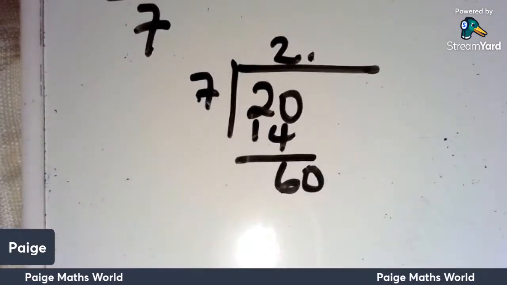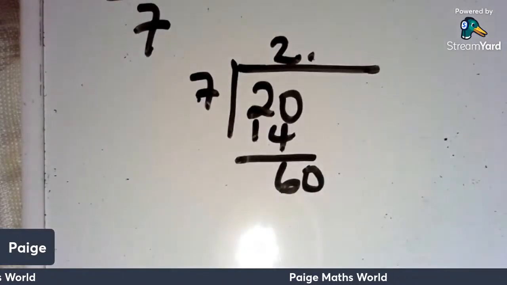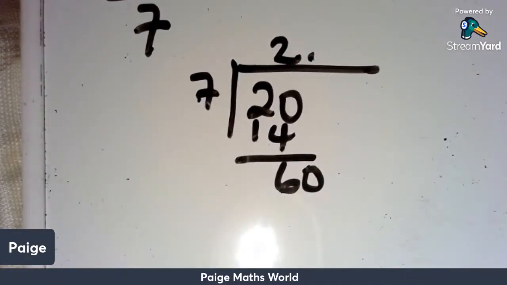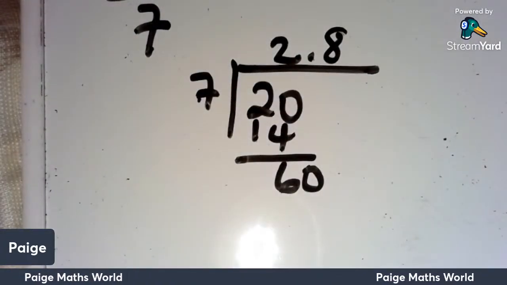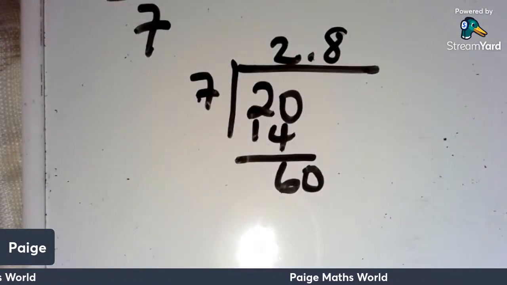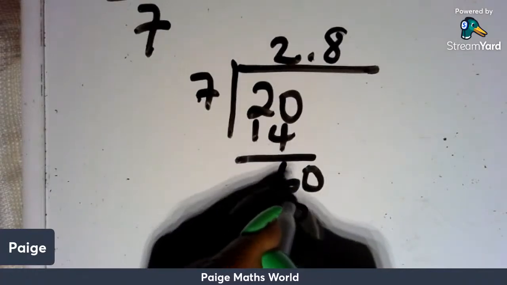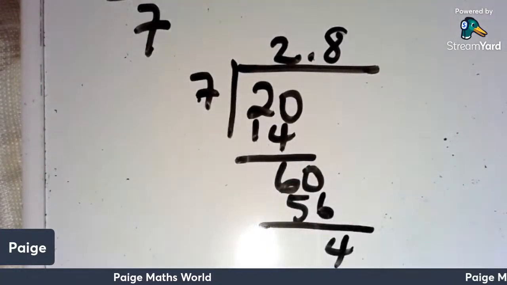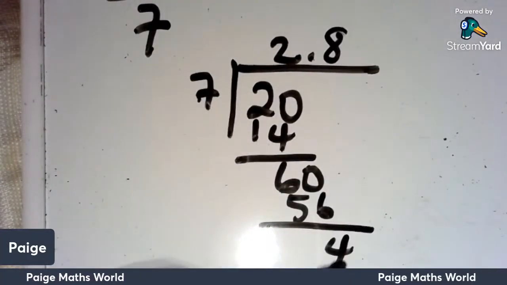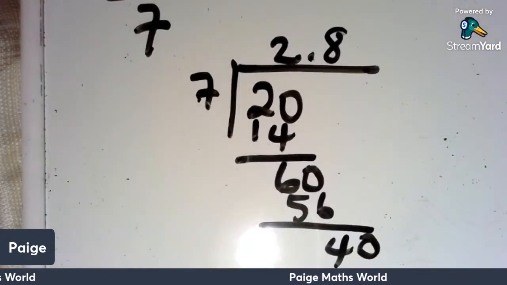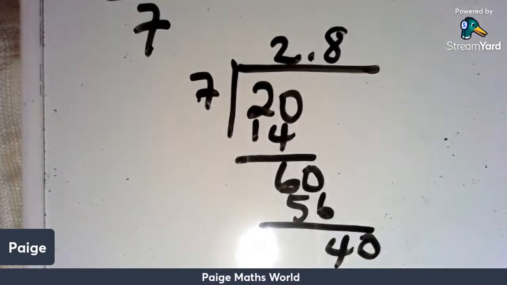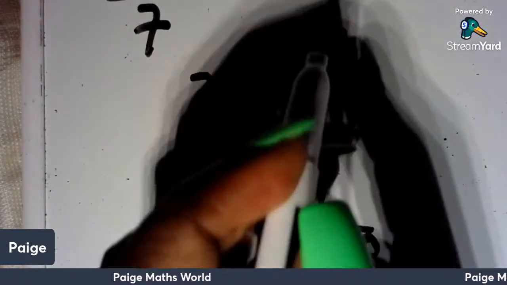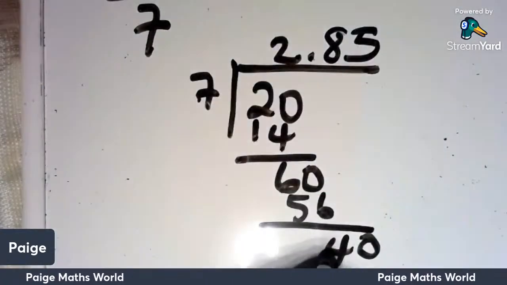And so you say 7 into 60. So it's going to be 60 divided by 7, and that will be 8 times. And 8 sevens are 56. And so 4 is going to remain. 7 into 4, you can't, you add a 0. 7 into 40. So 40 divided by 7 is 5 times. 7 5s are 35.